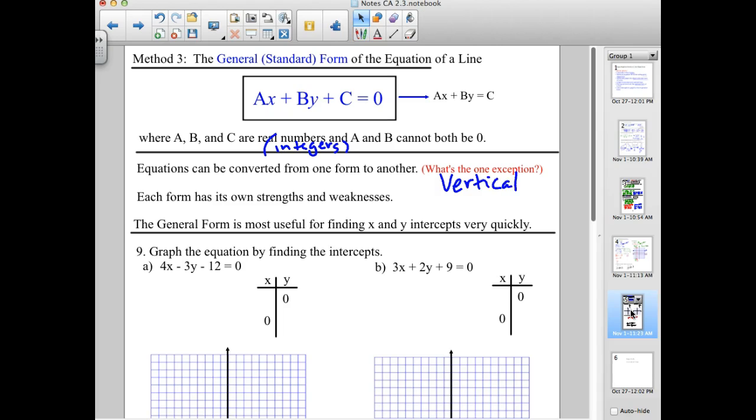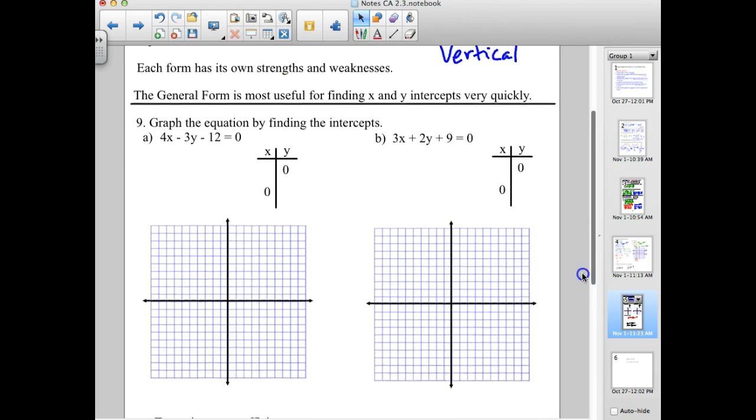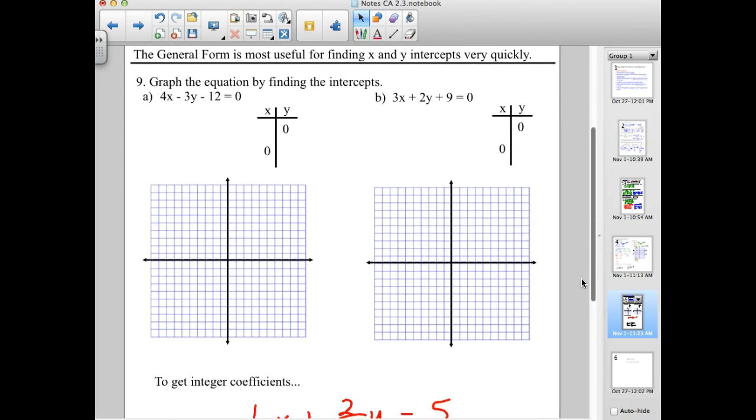And each form has strengths and weaknesses. One of the nice things about general form is it's pretty easy to find the x and y intercepts, and we can use those to graph. All right, so if you are finding x and y intercepts, it's probably going to be easier to move the C term to the other side.